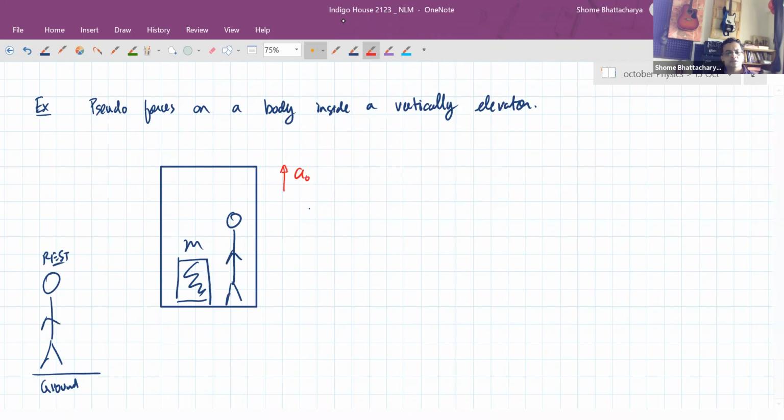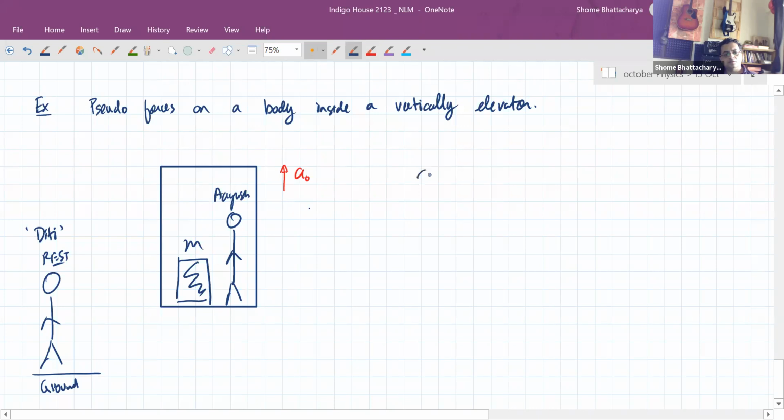Let's say this is Ayush, who is inside the lift, and this is Aditi, who is at rest on the ground.